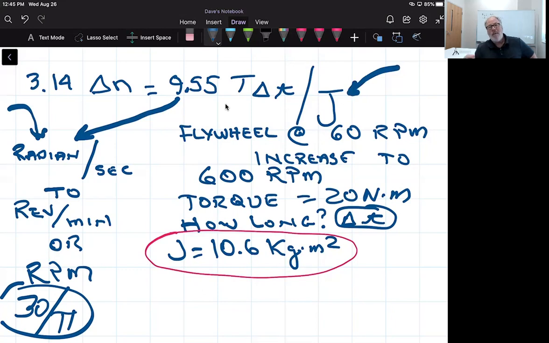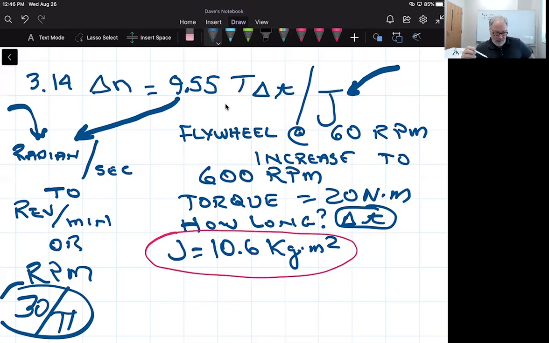If the torque applied is in the opposite direction, the speed falls. Eventually, the speed would become zero and the revolving body or motor would reverse directions. The delta N, therefore, represents either an increase, a positive value, or a decrease, a negative value.